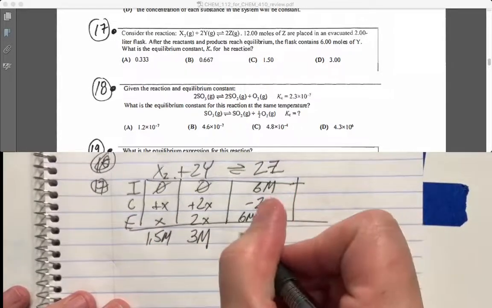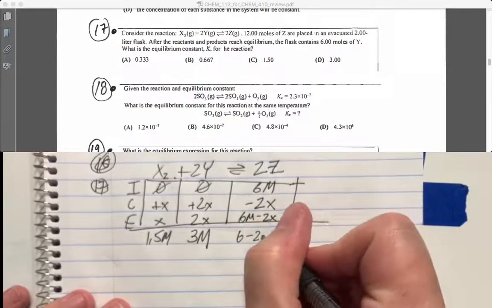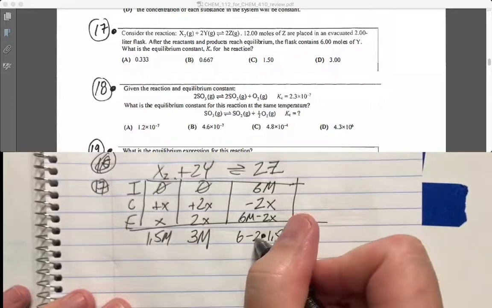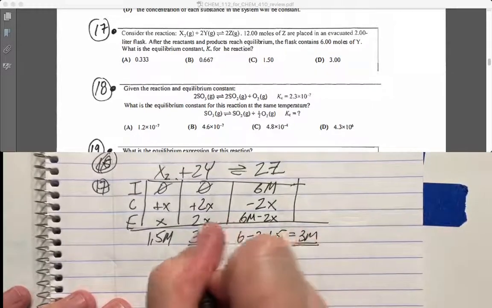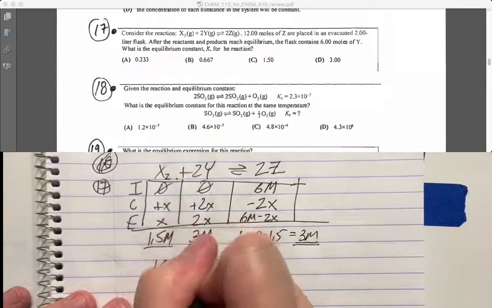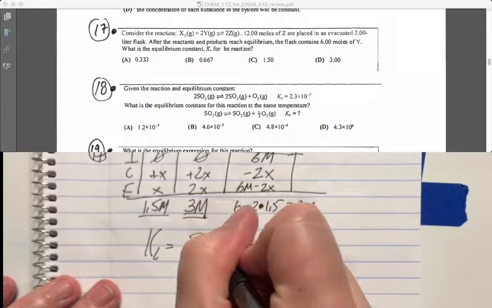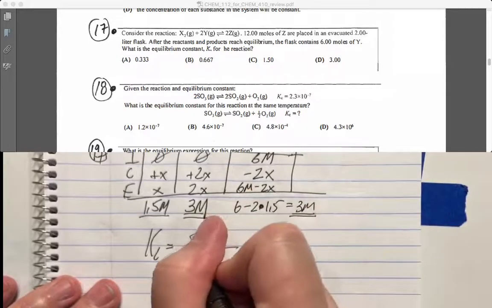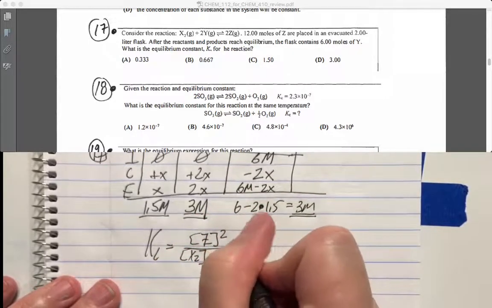And then, I'll write this one out. So 6 minus 2 times 1.5. 2 times 1.5 is 3. And so this one is also 3 molar. 3 molar, 3 molar, and 1.5 molar. So Kc is equal to the concentration of Z squared over X2 times Y squared.